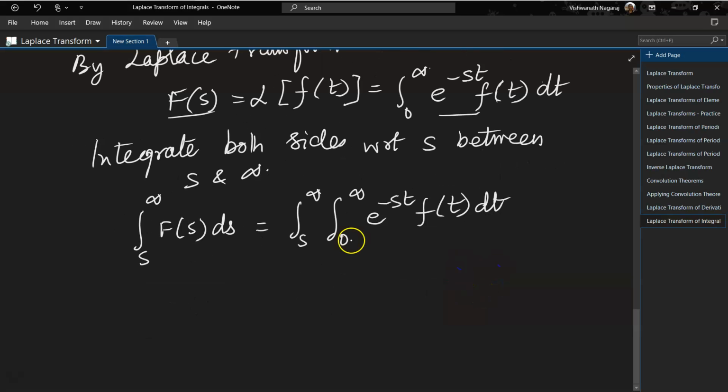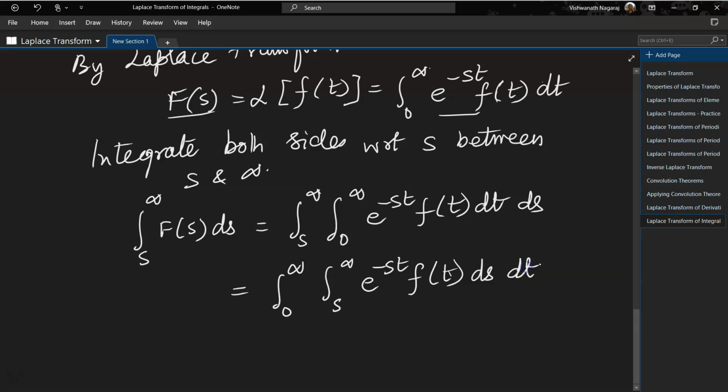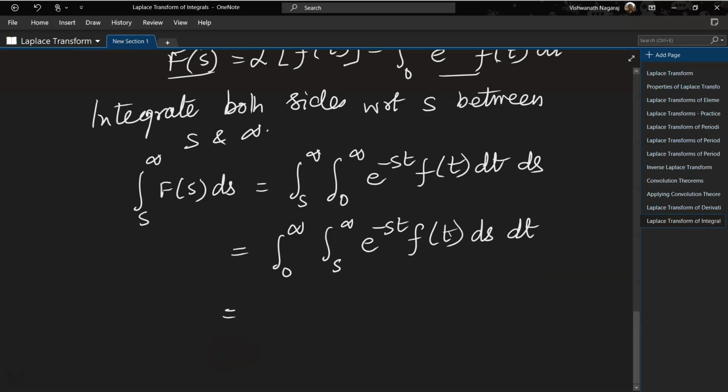Now we can change the order of integration because s and t both are independent of each other. So let's make this 0 to infinity, s to infinity, e to the power of minus st f of t ds. I forgot to write, so this becomes ds dt. Right? Okay. Now let's integrate this.